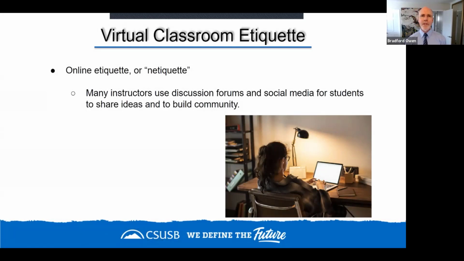So this is, of course, especially important in the virtual environment because except for those times when we are in a synchronous contact, in other words, like right now, when we are in a live Zoom session, which your instructors may use as well, a lot of times the communication in a course is asynchronous. It happens at different times for everybody, and it's frequently in the form of written communication.